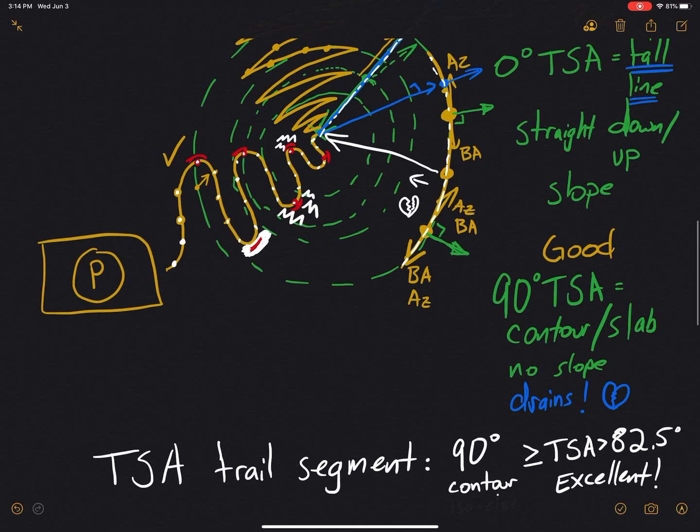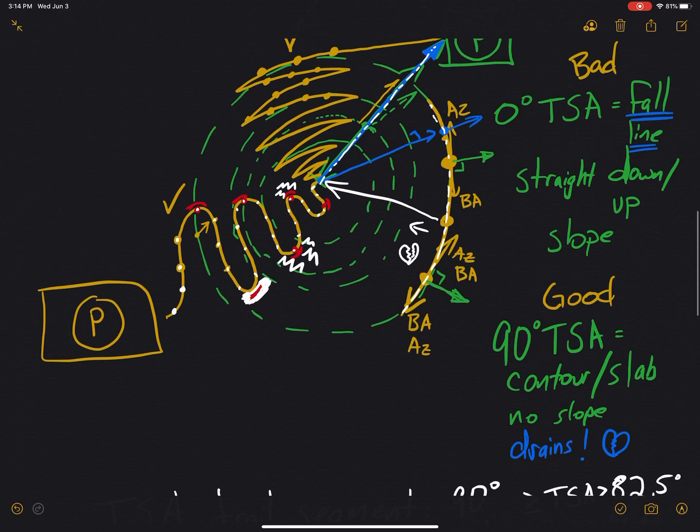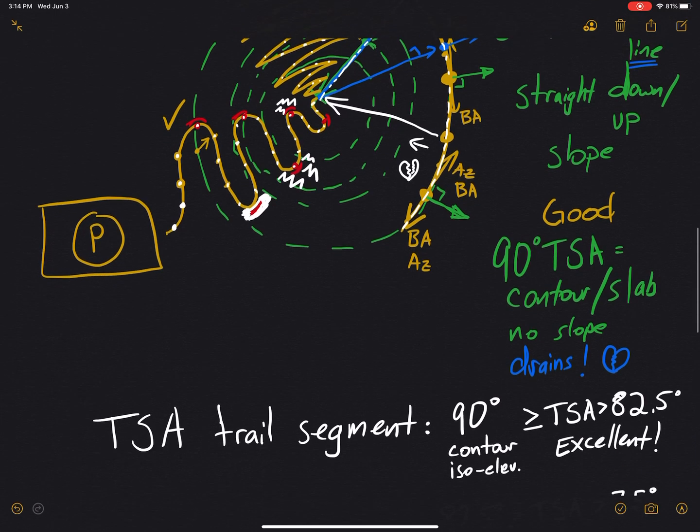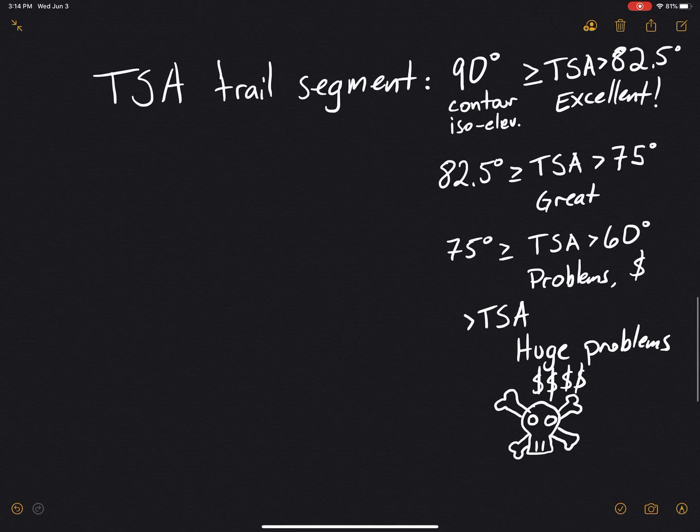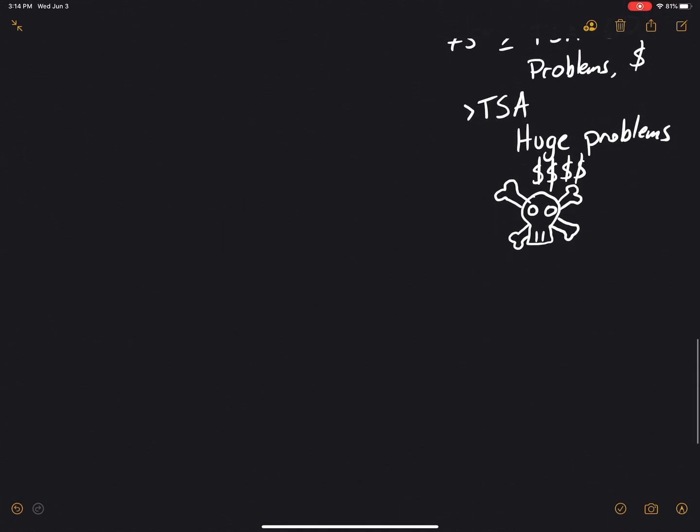Okay, so we want to factor in human motivations and needs as the sort of global super predator wildlife species, and understand that they want to have a sense that they are making good, strong advances towards their goal, the peak. A lot of folks are very much outcome-oriented when it comes to forest rec and stuff like that, so we got to balance that physical sustainability of a contour trail versus the motivated, goal-seeking behavior of humans and the fall line trail approach that they'll tend to adopt. Shortest distance between 2 points, if you can think of it that way.